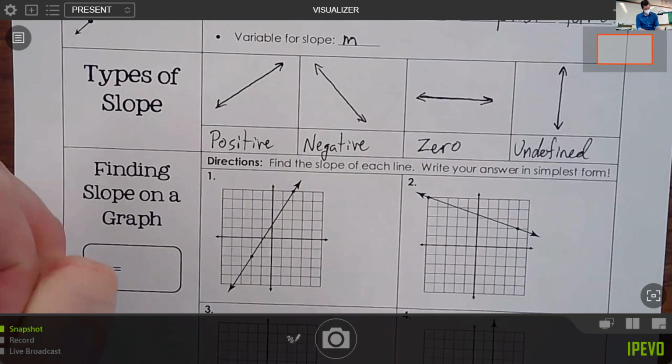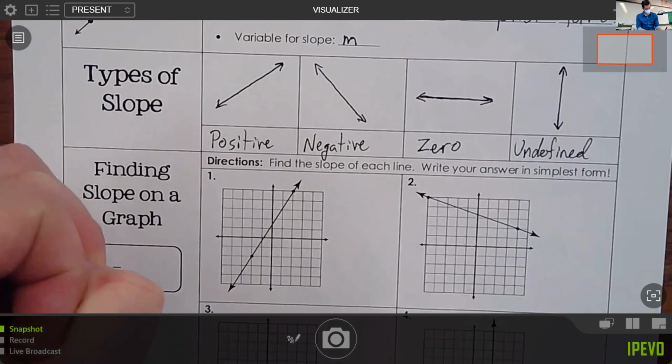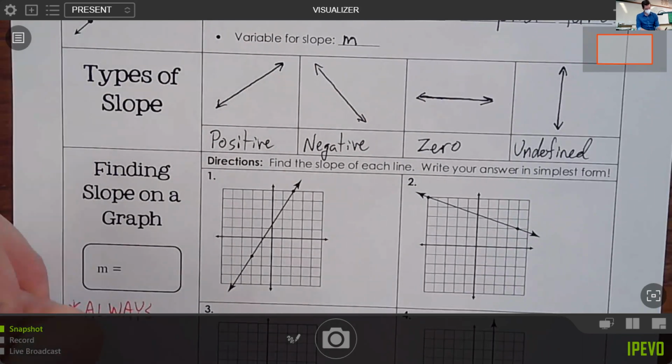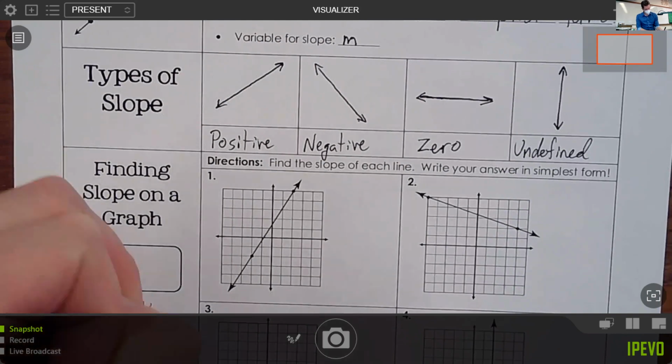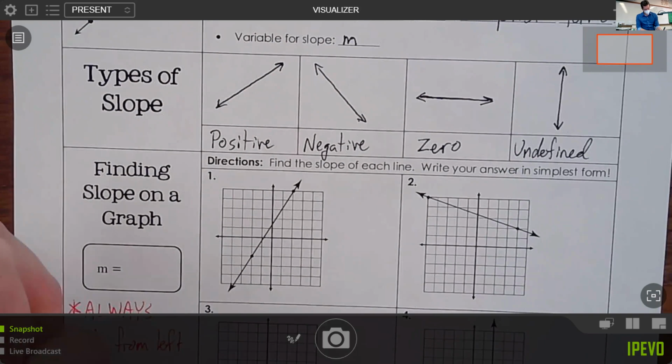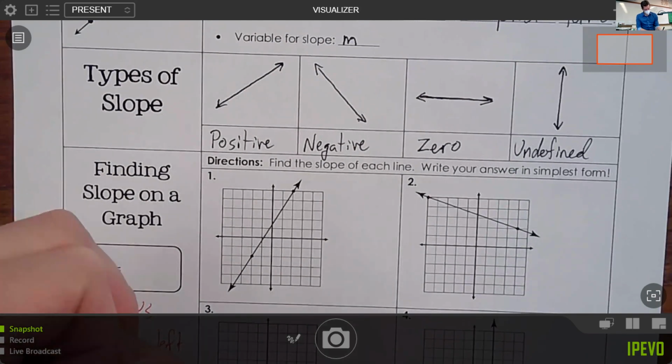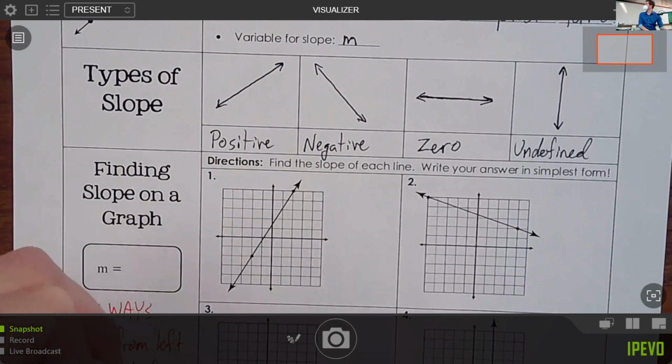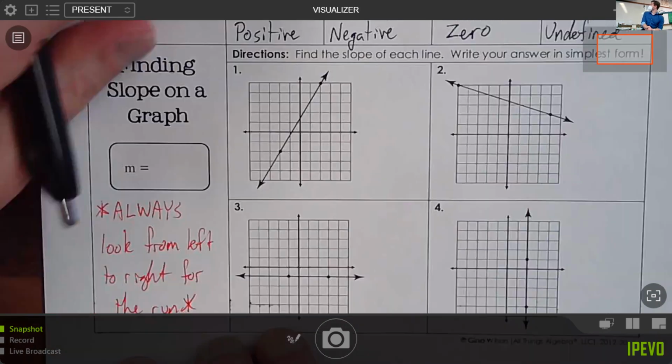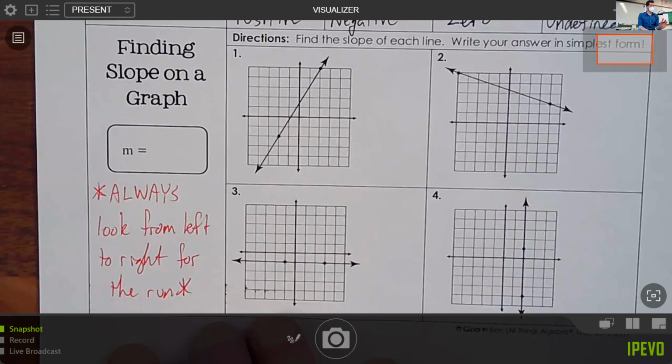Always look from left to right for the run. I'll make sure I move that so we can see it. Always look from left to right for the run.